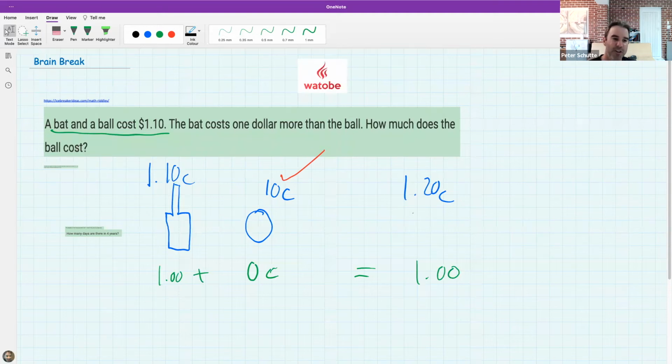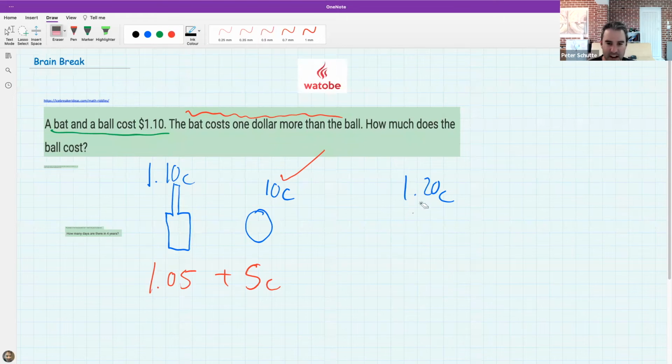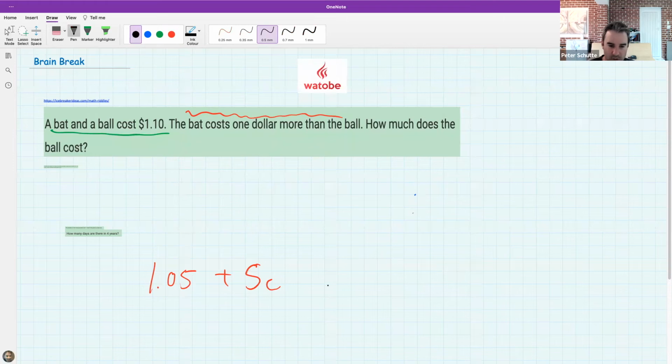So this was just a fun little exercise, but basically you can see this is correct because this is 5 cents, and if a bat costs $1 more than the ball, it will be $1.05. And if you add $1.05 plus 5 cents, what do you get? You get $1.10.